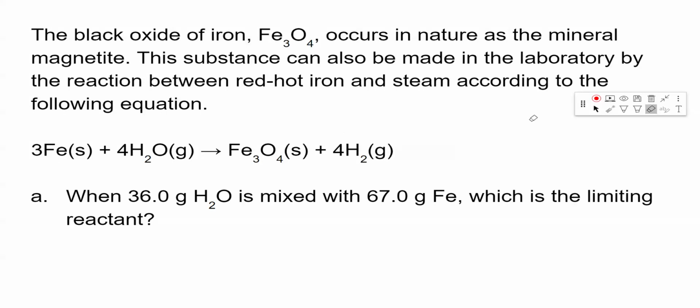So if I do this reaction with my 36 grams of water and 67 grams of iron, which one of those is going to be my limiting reactant? This problem is a little bit longer, okay, so bear with me as we go through it, because first things first, we have to convert those starting amounts in grams into moles if we're going to make this work.